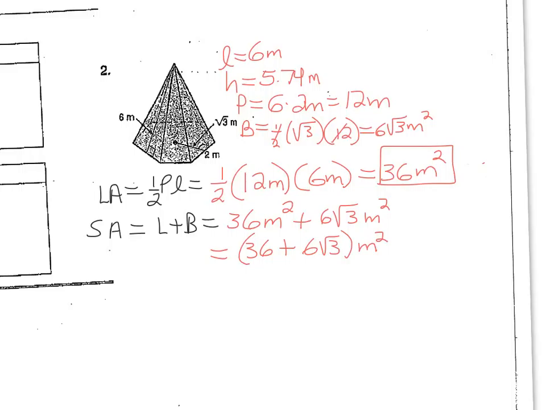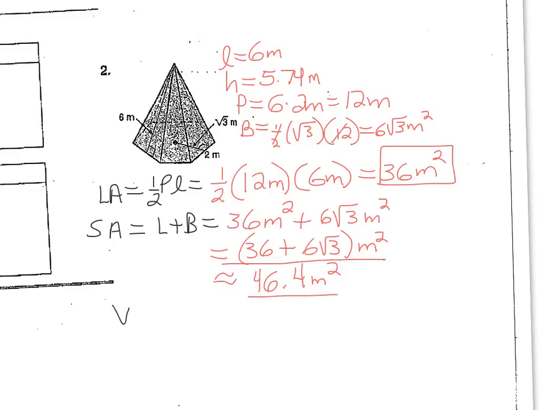Now put that in the calculator. When you round to the tens place, that would be 46.4. So the first one is the exact answer, and the second one is the approximate answer.